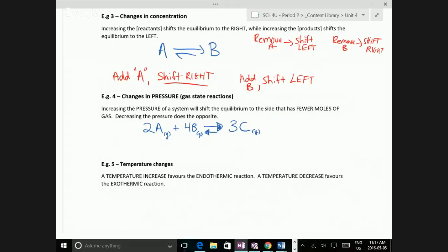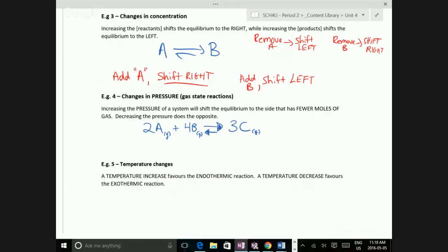So if I am increasing the pressure, the reaction is going to try to decrease the pressure. Does that make sense? Okay. Which way would it have to shift to decrease the pressure? Have to shift right. You see that? Because on the right side, when it moves right, it's constantly decreasing the number of moles of gas. And in decreasing the number of moles of gas, it's decreasing the pressure.